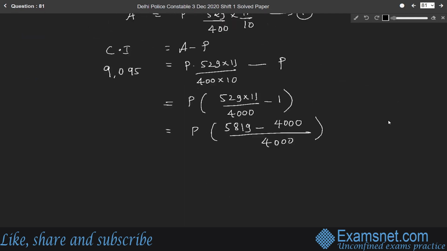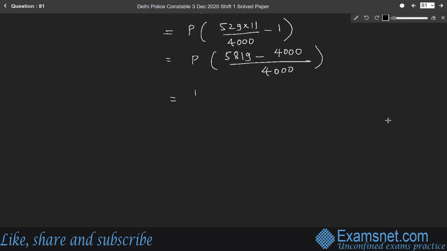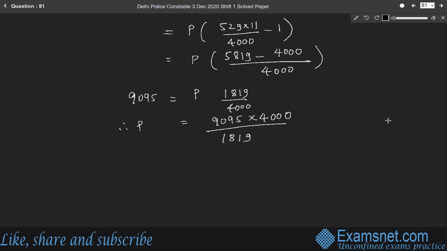So you will get P into 1819 by 4000, which is 9095. Therefore, principal is equal to 9095 into 4000 by 1819, which is equal to 20,000. So the principal sum is 20,000.